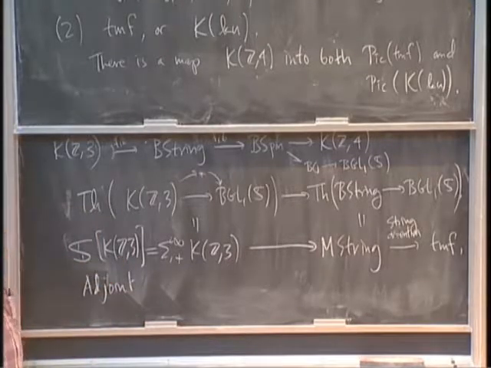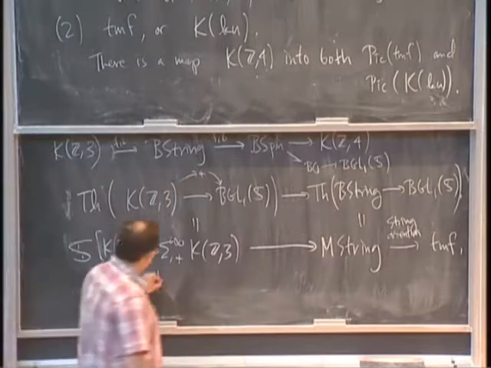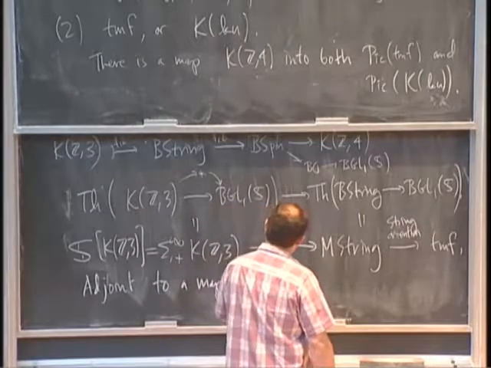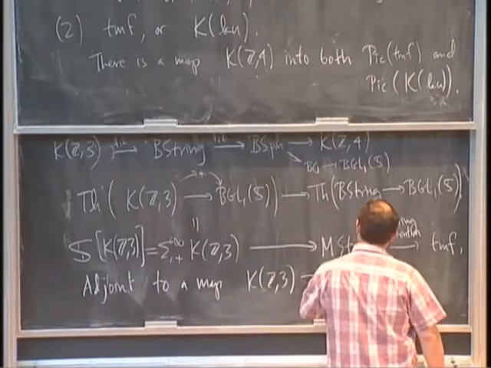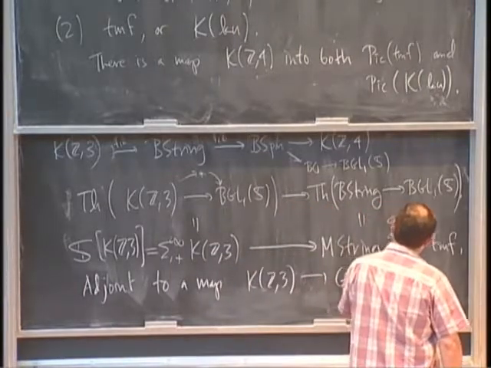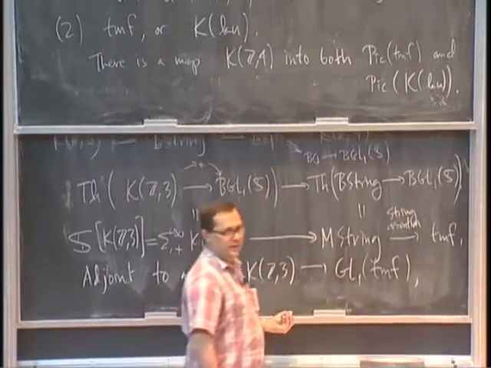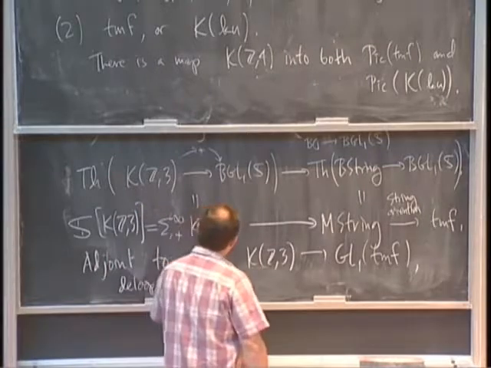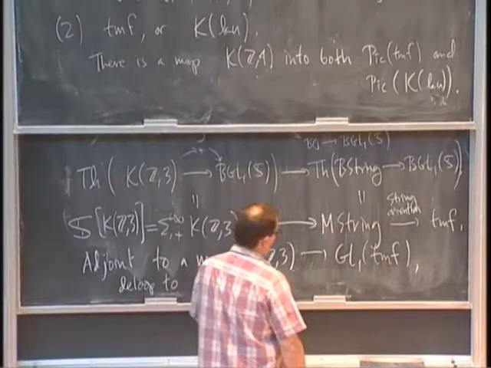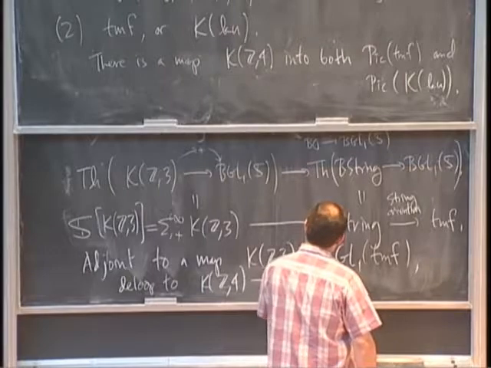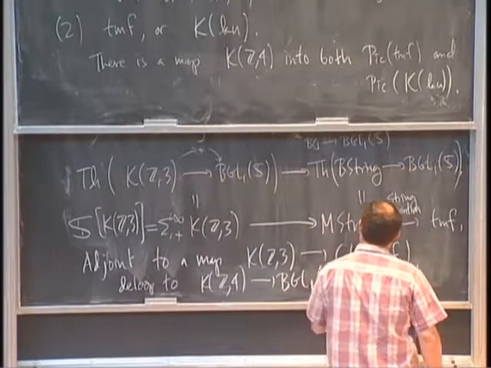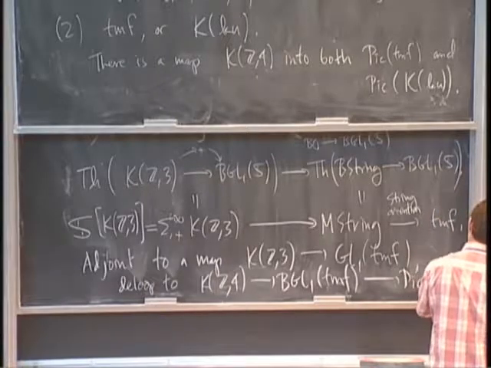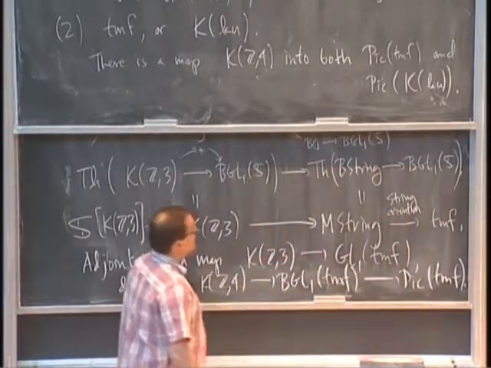And because this is a group-like E-infinity space, this is adjoint to a map from KZ3 into GL1 of TMF. And I can deloop it to a map from KZ4 into BGL1 of TMF, which then maps into Pic of TMF.